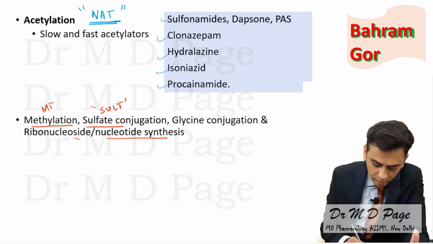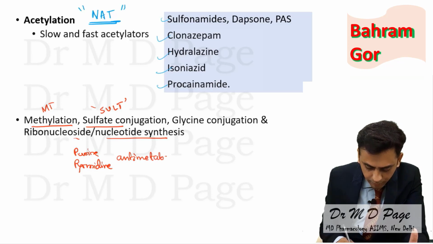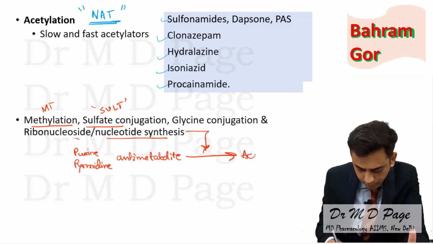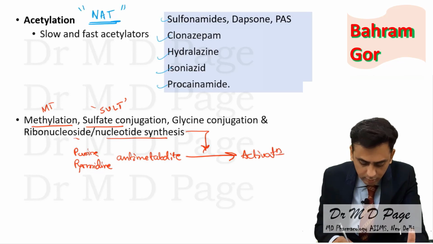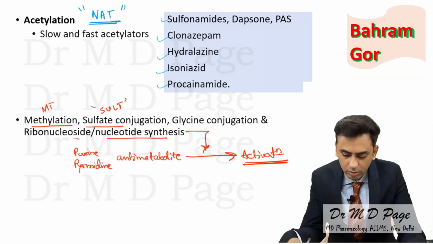This is important in antimetabolite drugs like purine and pyrimidine antimetabolites, which are used in anti-cancer therapy. This phase 2 reaction is used for activation of these drugs.